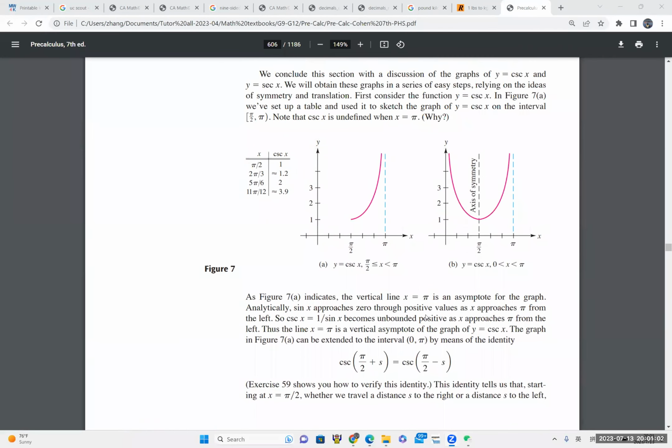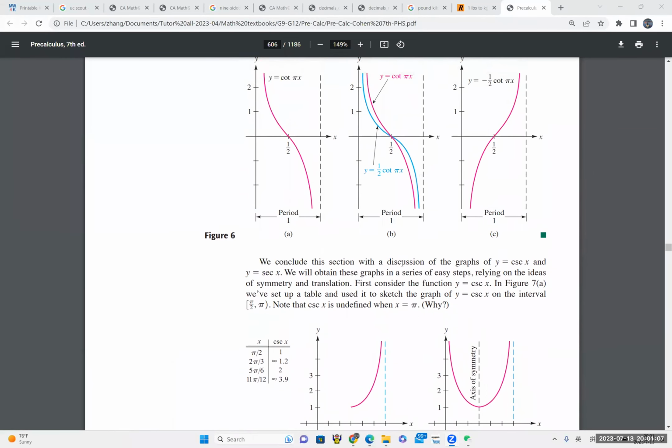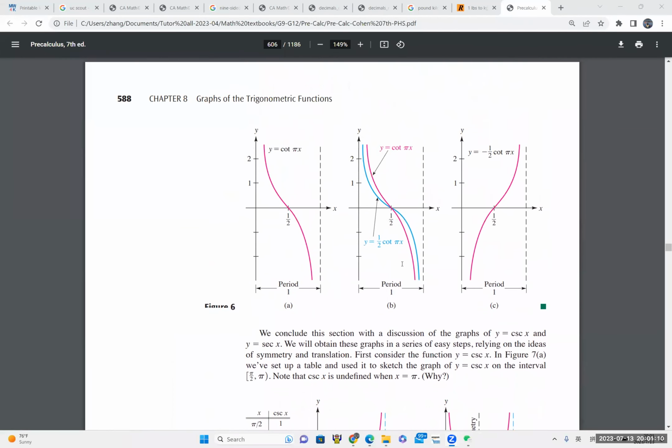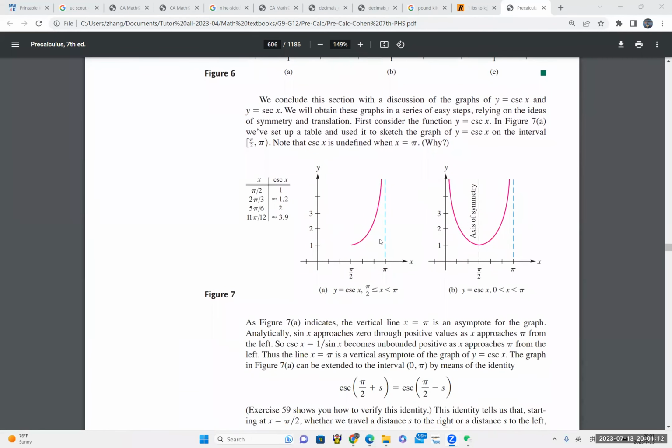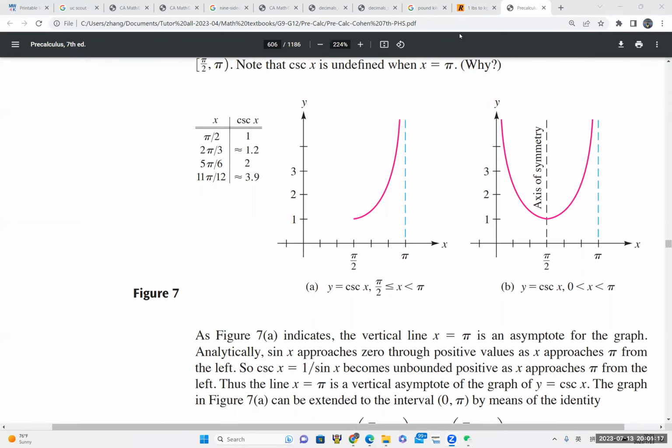Then we go to secant and cosecant. First, cosecant. We know cosecant is the reciprocal of sine x. Then sine x cannot be 0, right? That means the domain cannot be all real numbers.